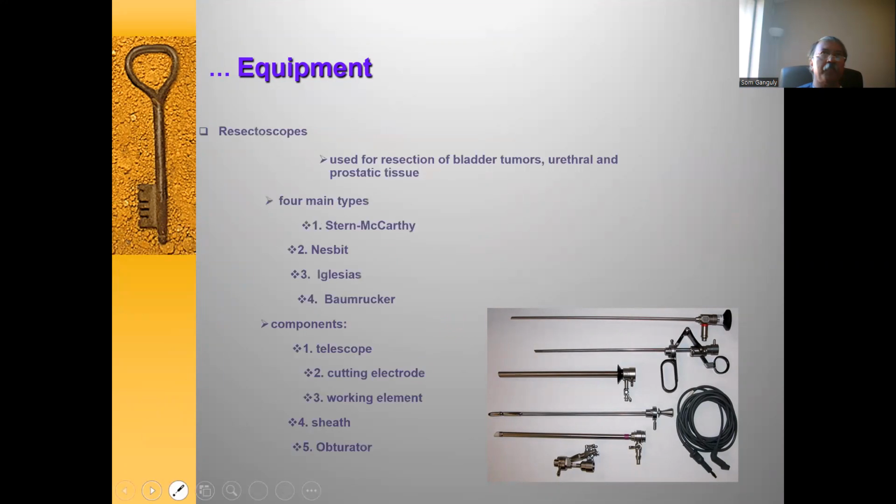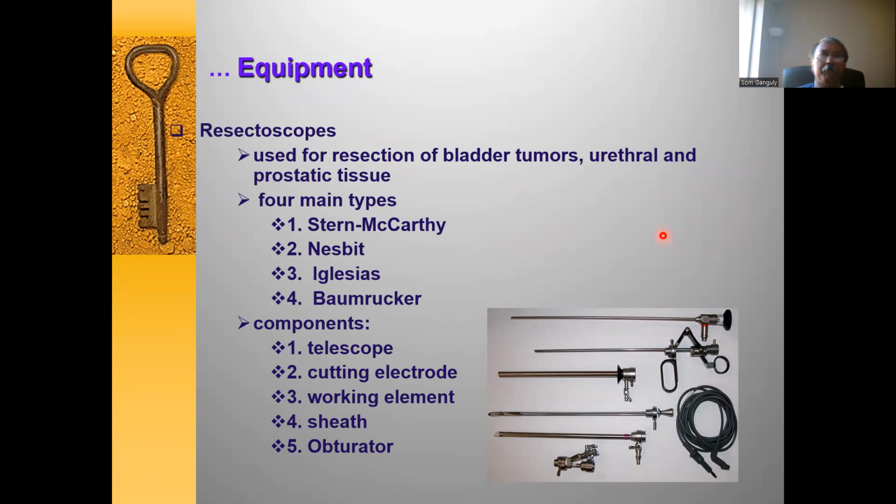Okay, so equipment and instruments. During our cysto diagnostic case, or cysto case to remove a disease condition, tumor, malignant or benign, we use a cystoscope.